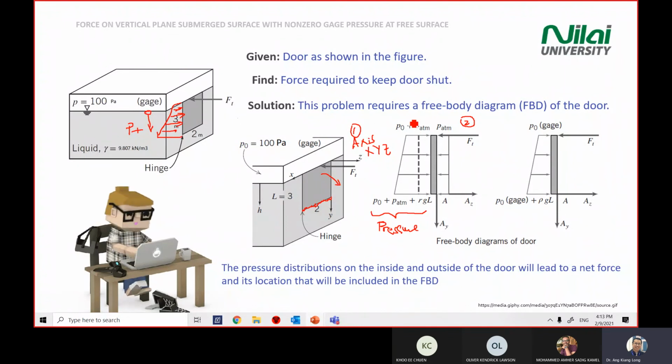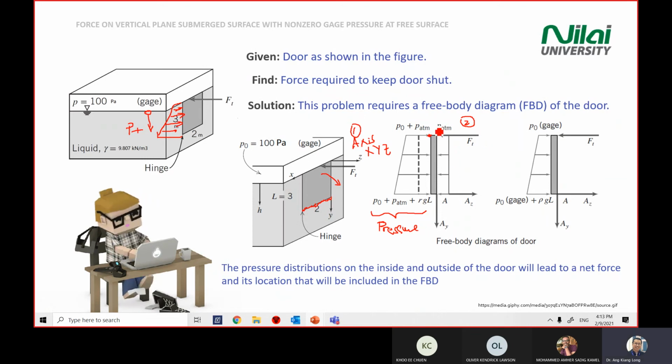So on the left hand side, we have P0, the ambient pressure, our atmospheric pressure acting at this point. And as we go deeper, we will have our rho GH, our hydrostatic pressure. On the right hand side, you only have atmospheric pressure.